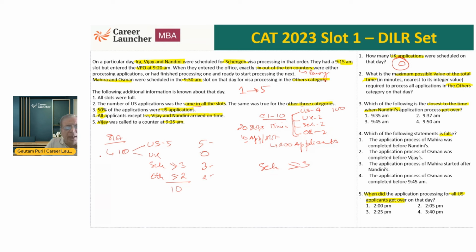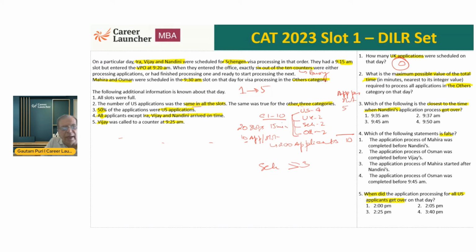Out of the 200, I'll just repeat this part. Out of the total 10 applications per slot, 5 are for US, because it says 50%.